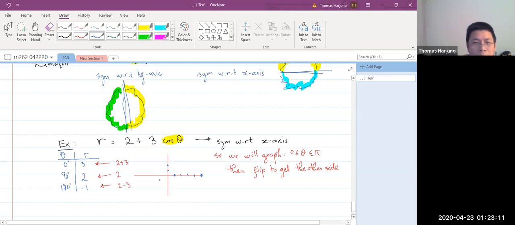So we expect the graph to go this way, kind of like this. And then when we copy, paste and flip that, we will get the other side.